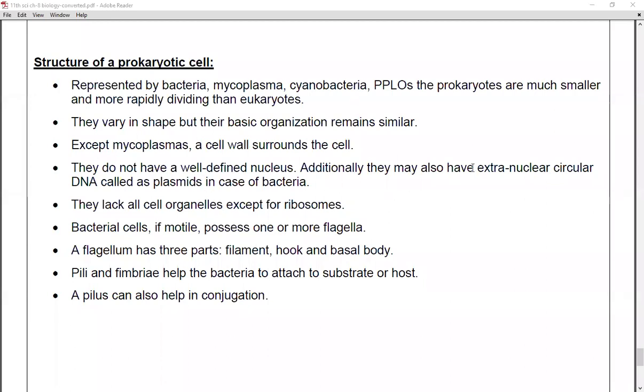Additionally, they may also have some extranuclear circular DNA, which is known as plasmids. It is mostly observed in bacteria. Now I have also told you about the circular DNA, right? They are said to be the plasmids, right? And the simple short definition of plasmid is what? That they are extrachromosomal DNA.